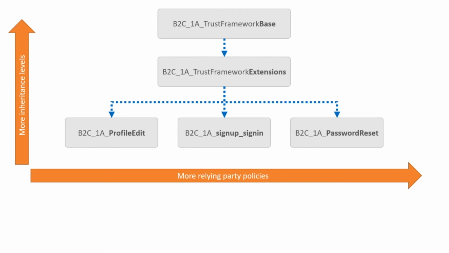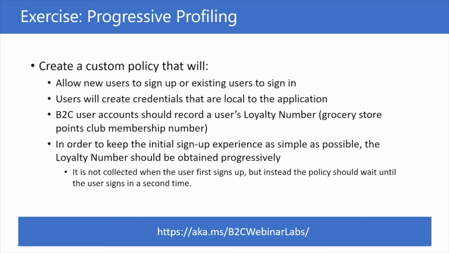Now this takes us to our exercise, our lab that we're going to be presenting to you this week. We'll go over the details of it in the following session in this series. So the exercise we're going over is one that involves implementing progressive profiling inside of an Azure AD B2C policy.